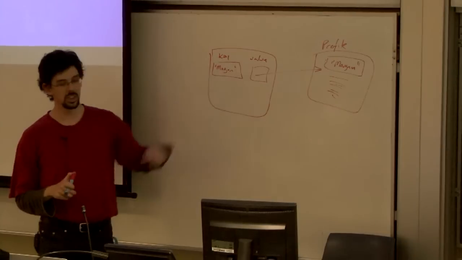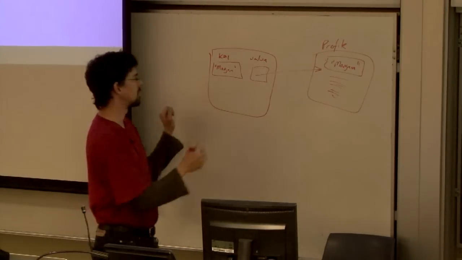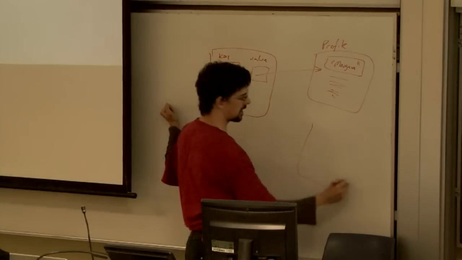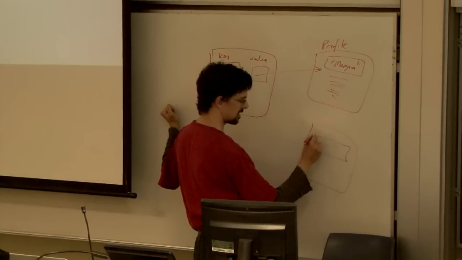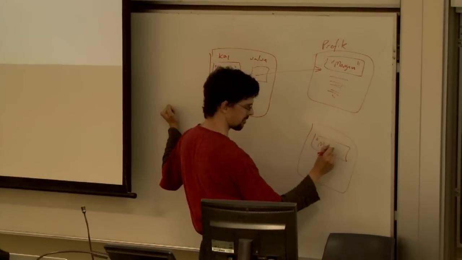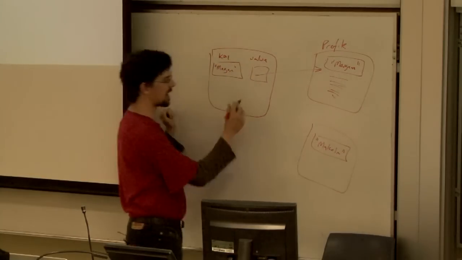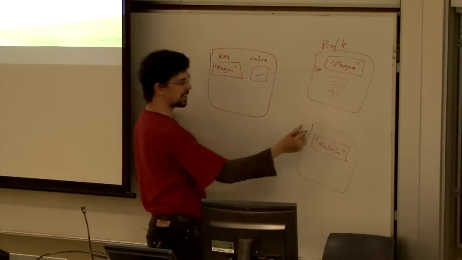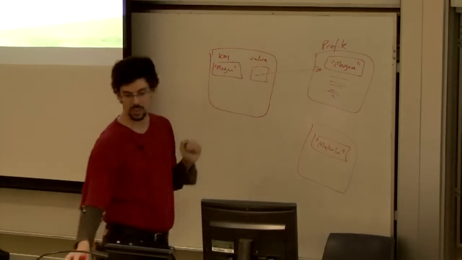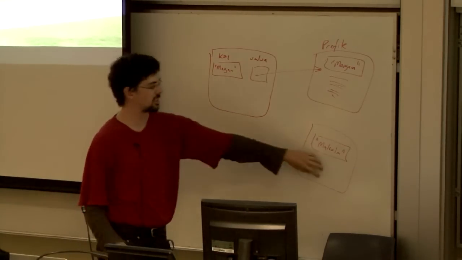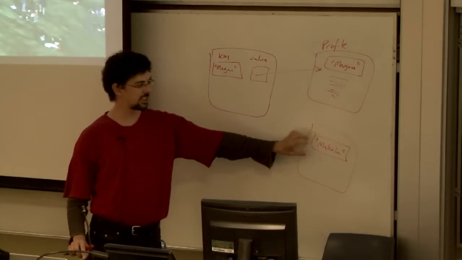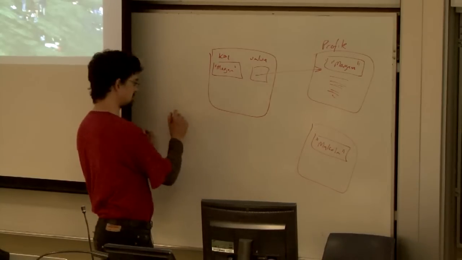So now if I added another profile, so I had here a profile for me, this is my profile, Malcolm, and I want to add that. I call addProfile with this parameter. I then get this name from here, so this is my name.